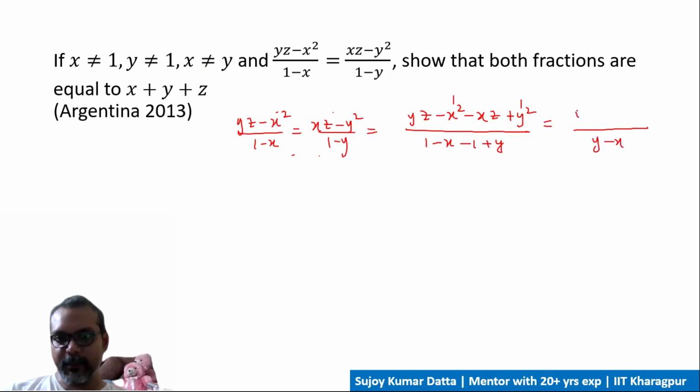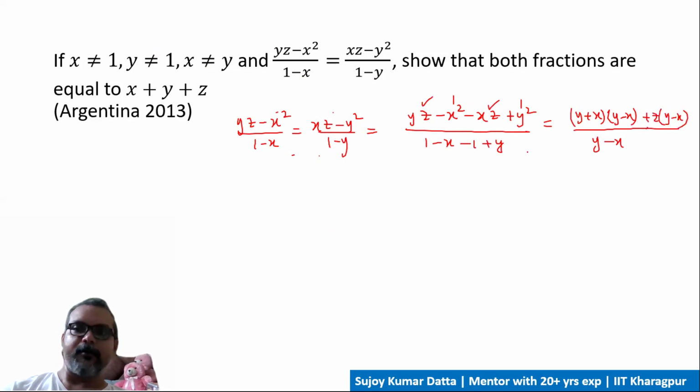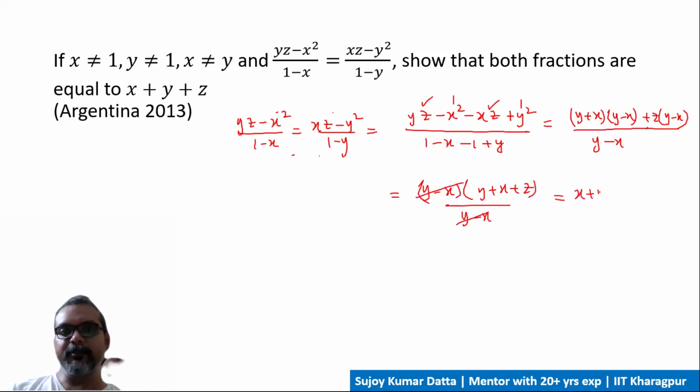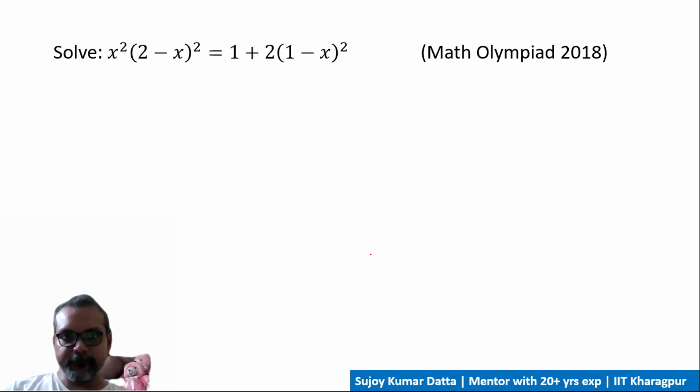So from these two we can take out y plus x times y minus x, and from these two we can take out z common. So we will have y minus x common, and we have x plus y plus. Okay, let's go to the next one. Okay, let's multiply out.